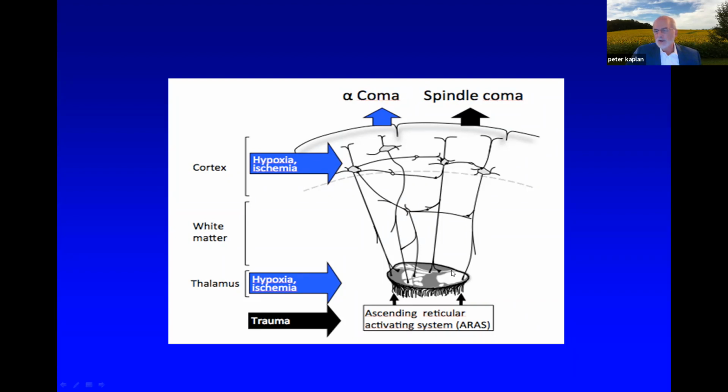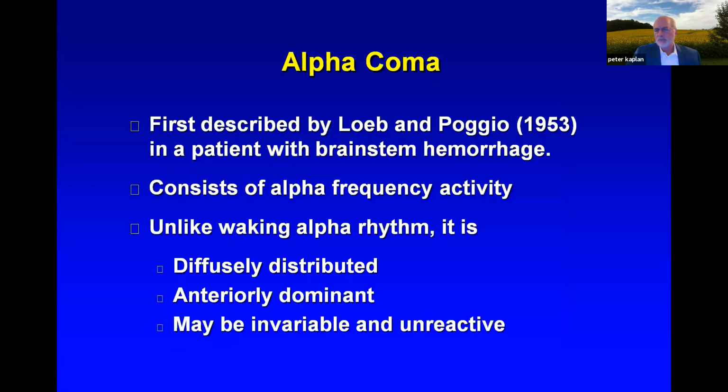And the similar idea is that here, if you have pontomesencephalic damage, then the thalamus continues to produce via its sleep circuits spindles that resemble sleep, but you cannot get through to this thalamus because of the damage, and therefore it's an unarousable sleep pattern.